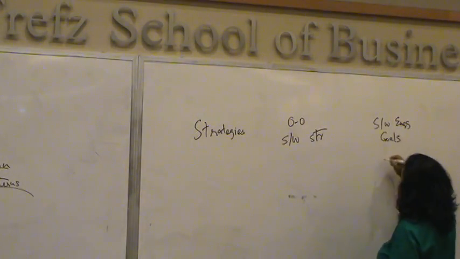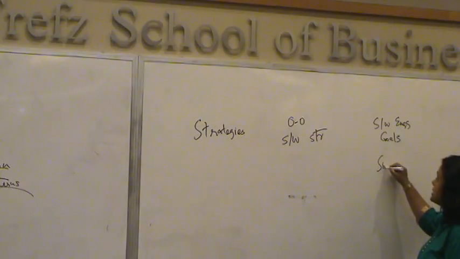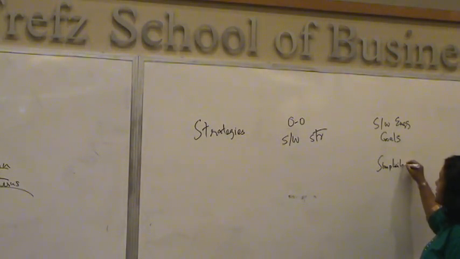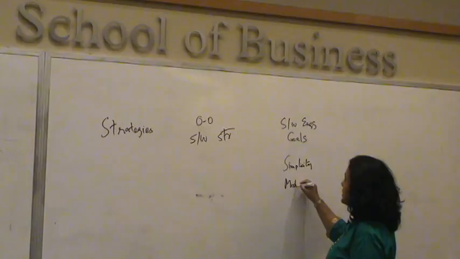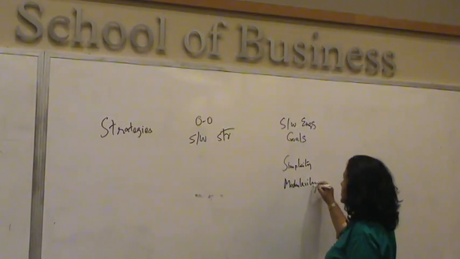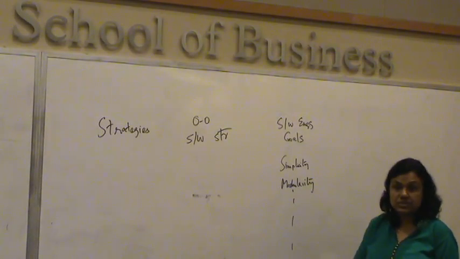So remember that first slide where we talked about simplicity, modularity, modifiability, extensibility, all the goals that are part of this column.